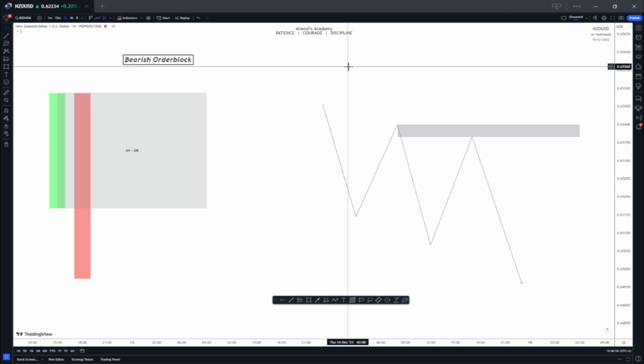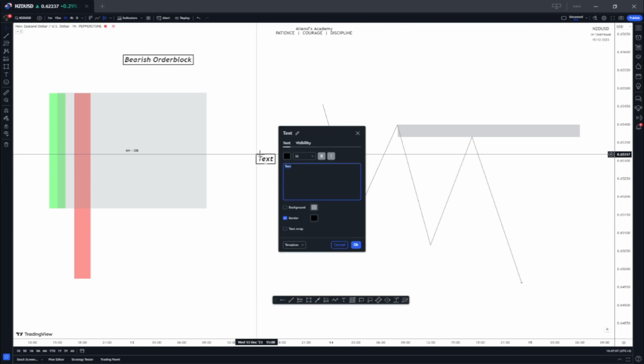So we know that price moves in a higher high and lower low structure. We are going to just name it as a high and a low to remove confusion.